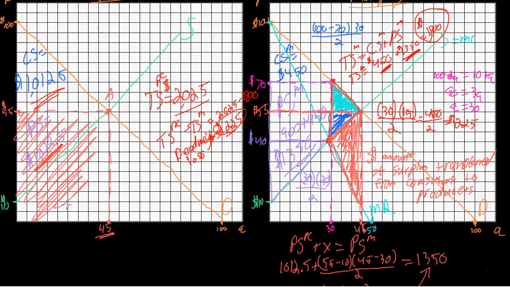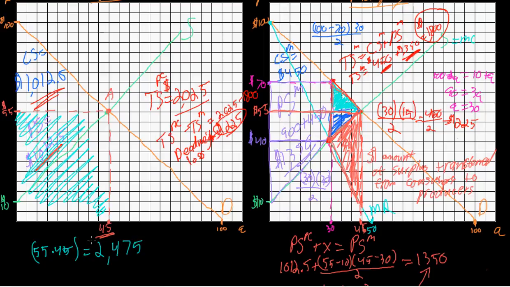You know what, I should stop using salmon. I've been using it for a while. So we'll go to this light blue. It's just price times quantity. So it's 55 times 45, and that is $2,475.